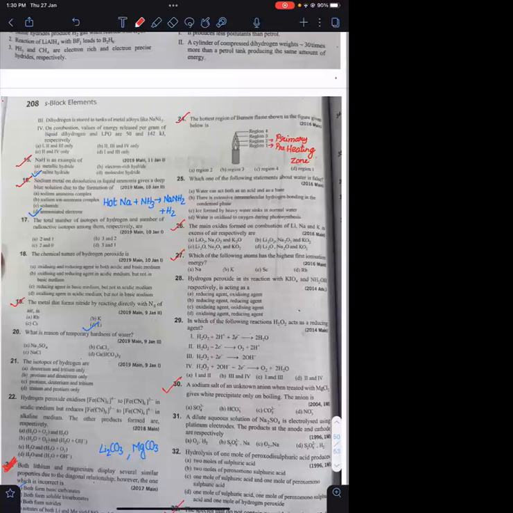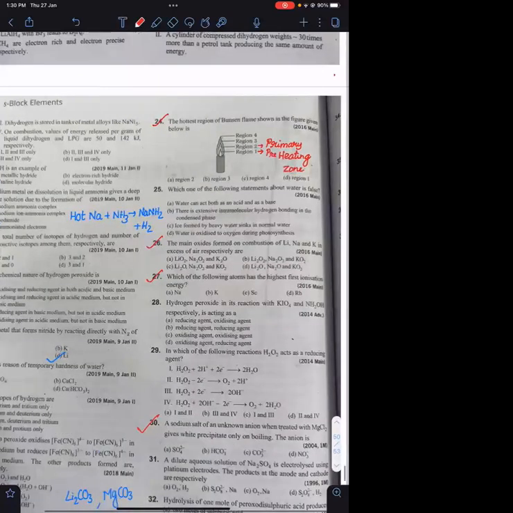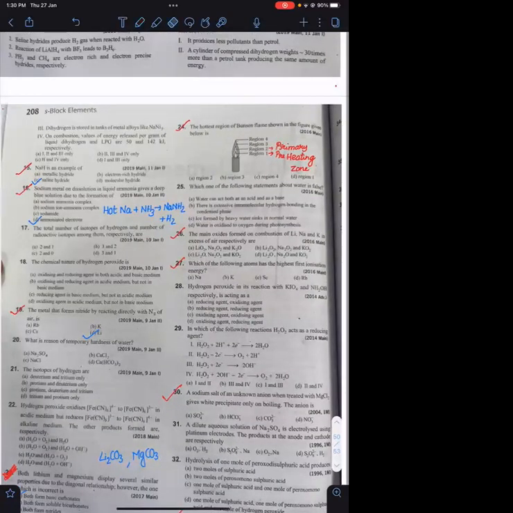Okay, it is the primary combustion zone. यहाँ पे space में मिल रहे हैं, इस साइड लिखता हूँ. Region 2 is primary combustion zone. Okay, region 3 जो है, it is called as internal zone.